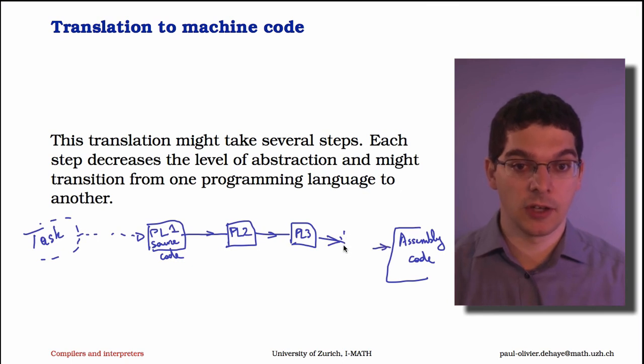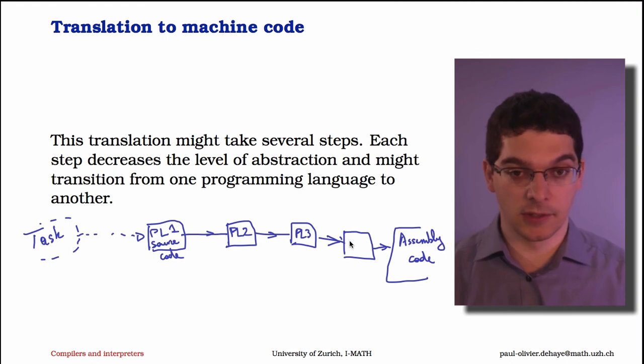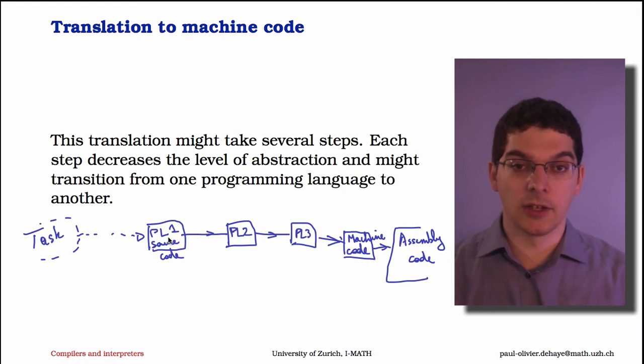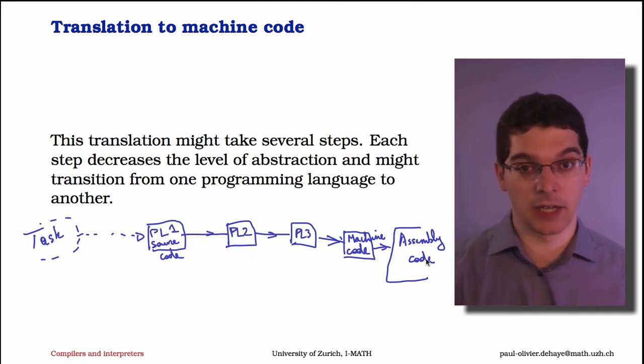And in general, the last or the second to last language would be machine code. So remember, this had to do with virtual machines. Okay, so the point is each of those translations is automated, so you can automate the whole chain and do all of it at once.